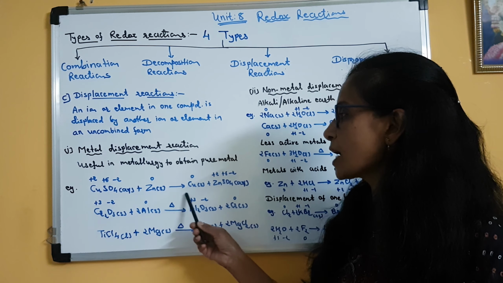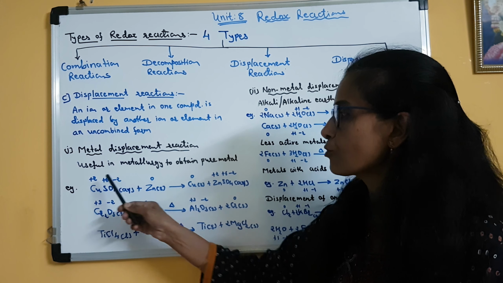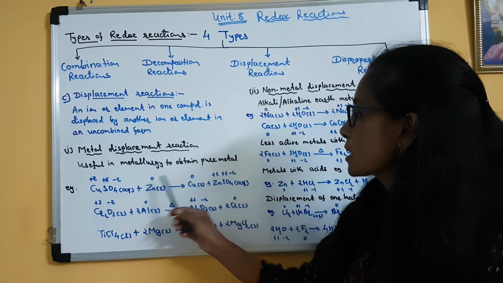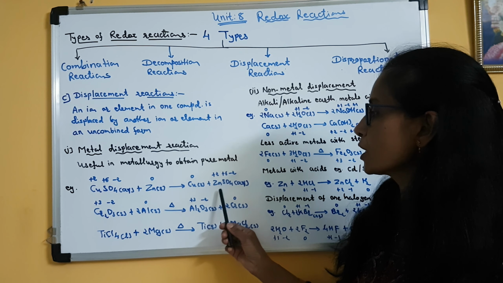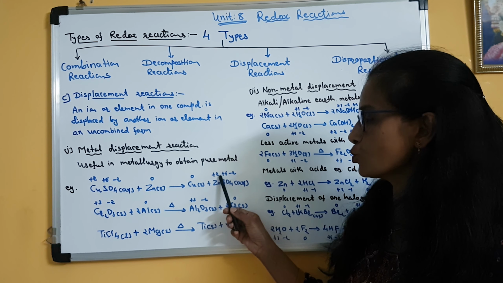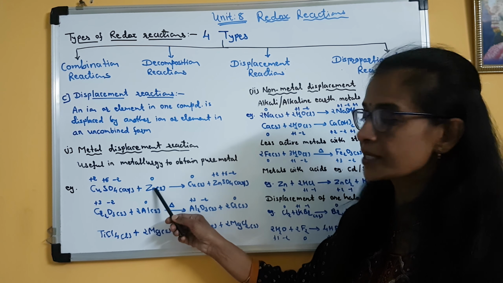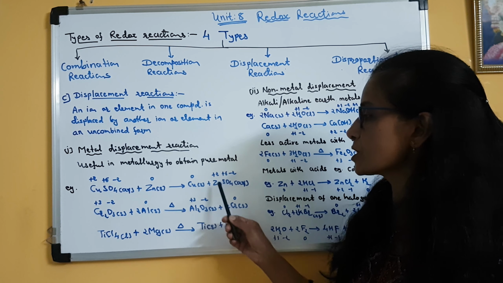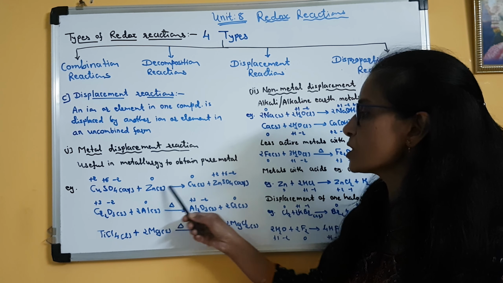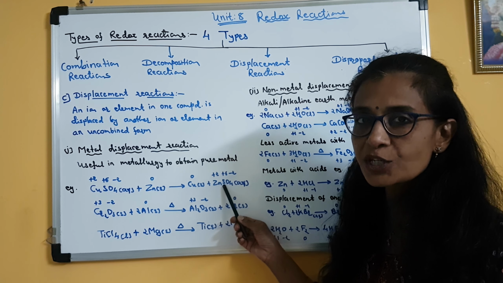So copper has undergone reduction from +2 to 0. Clear? Then when zinc is converted to zinc sulfate, Zn is +2. On the reactant side, Zn is in 0 oxidation state, but in the product it is in +2 oxidation state, means zinc has undergone oxidation.